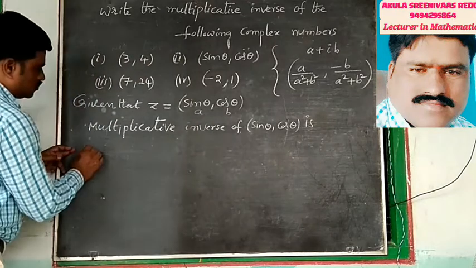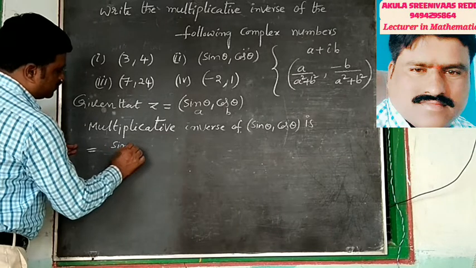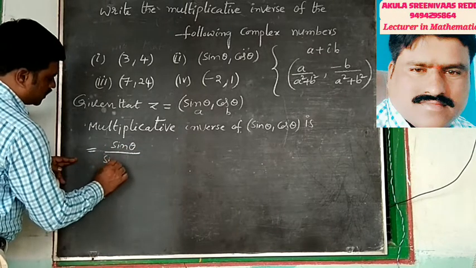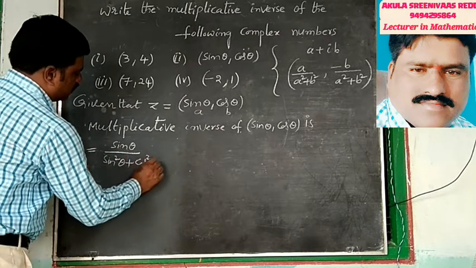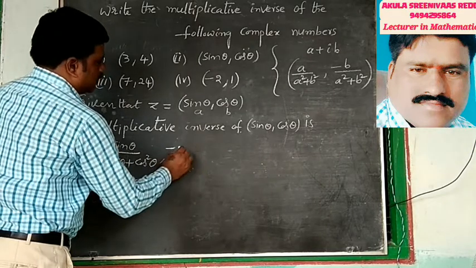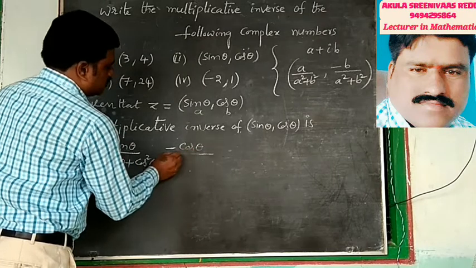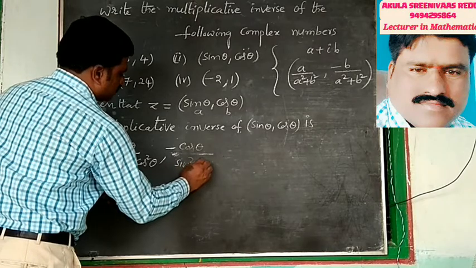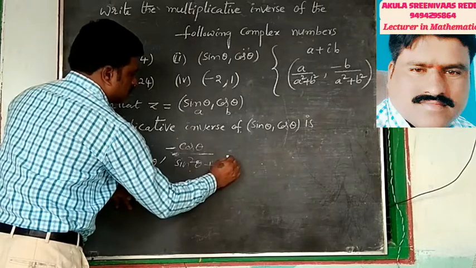That is equal to a by, sin theta by a square means sin square theta plus b square means cos square theta, comma, minus b, minus cos theta, by a square means sin square theta, b square means cos square theta.